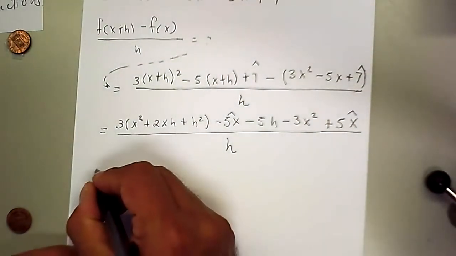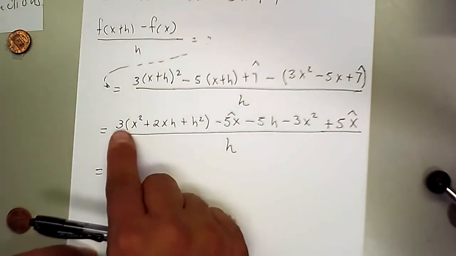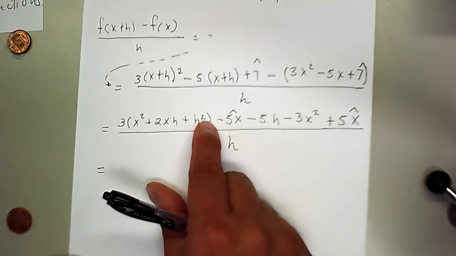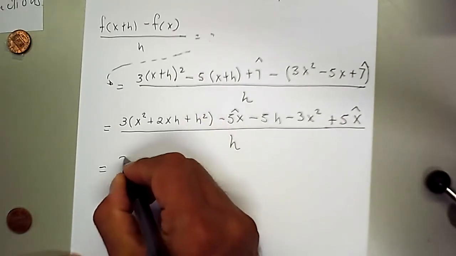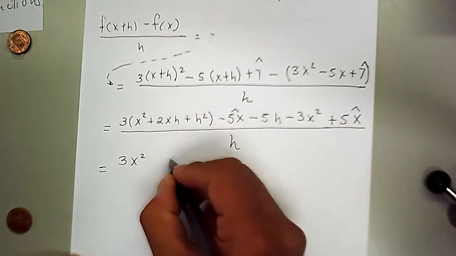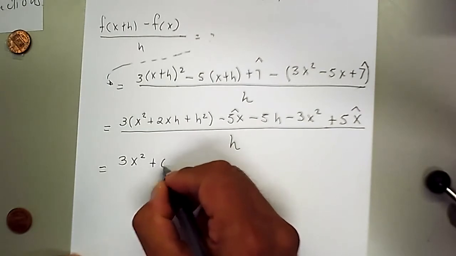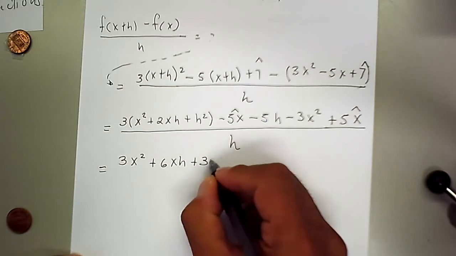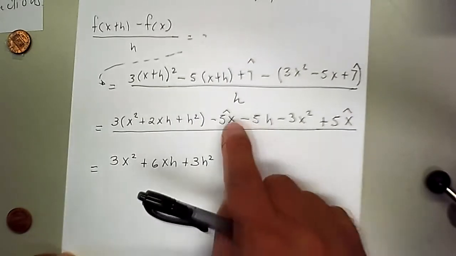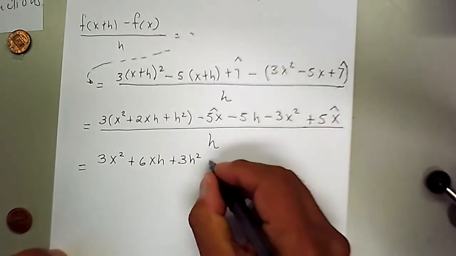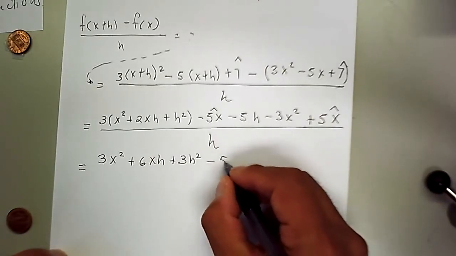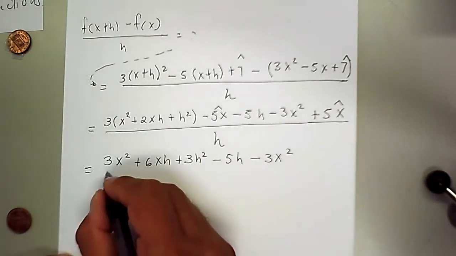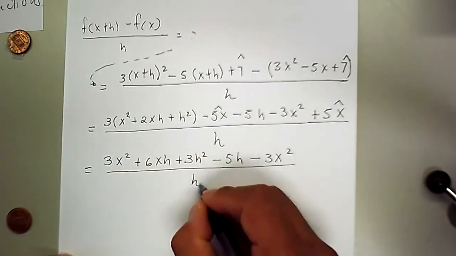Okay. While that is happening, we're going to distribute the 3 into this polynomial. So we have 3x squared plus 6xh plus 3h squared. Those two are gone, minus 5h minus 3x squared. All of that over h.